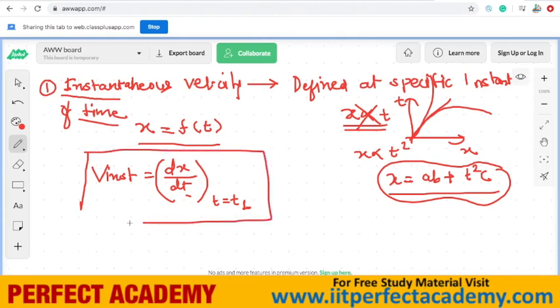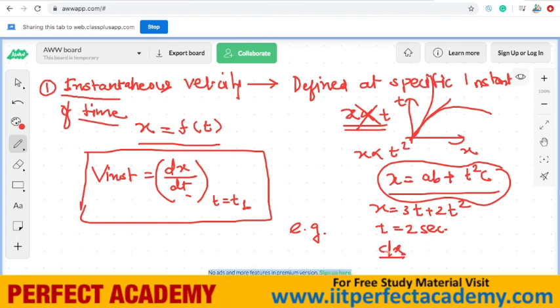Now for example, if they give me x is equal to 3t plus 2t square and they are asking me to find out what is the instantaneous velocity at t is equal to 2 seconds. In that case, first I will differentiate this to get dx by dt. dx by dt is equal to, what will be the answer? 3 plus 4t.